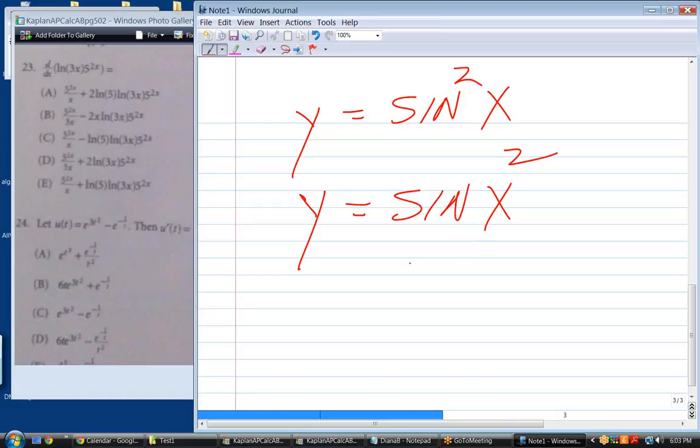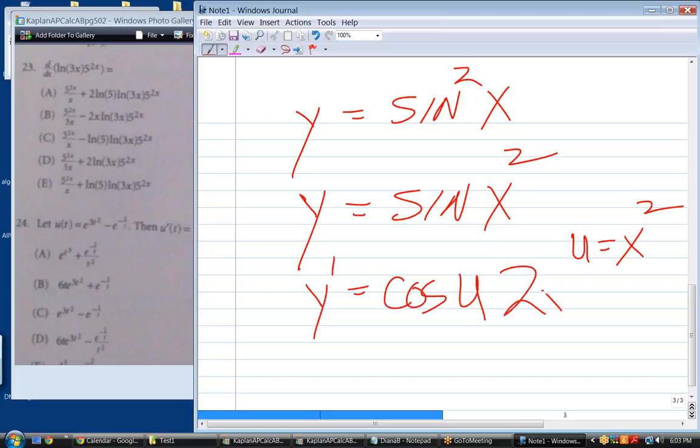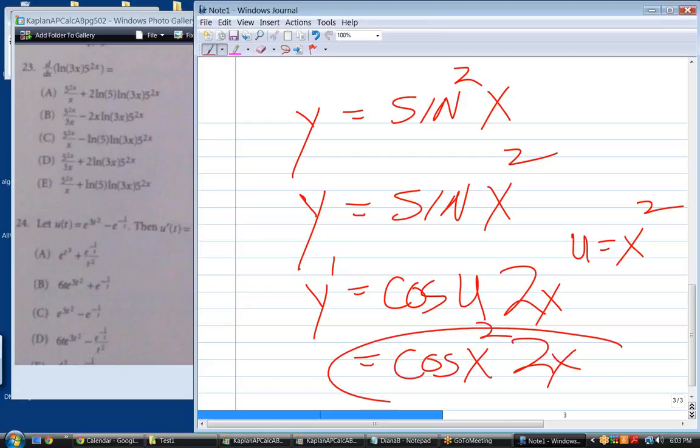But we do know how to take the sine of u. So if I let u equal x squared, now I've got the sine of u. So y prime is going to be the cosine of u times du dx, which is 2x, which is the cosine of x squared times 2x.